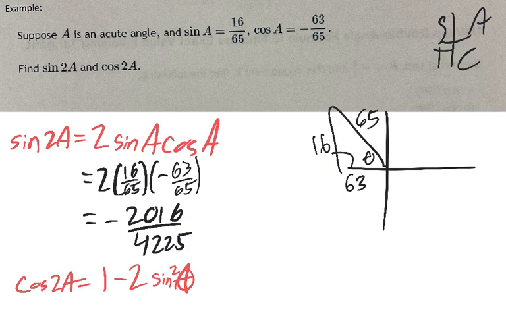We can pick any of those from the double angle identity. I just picked the same one we did before. This would be 1 minus 2 times sine of theta, which was 16 over 65, squared.